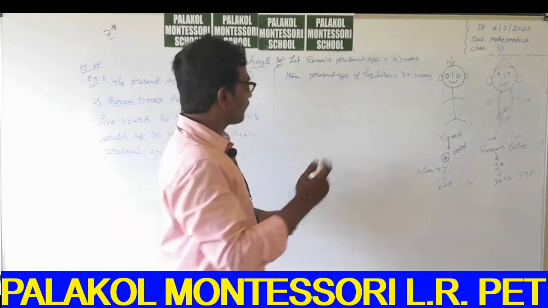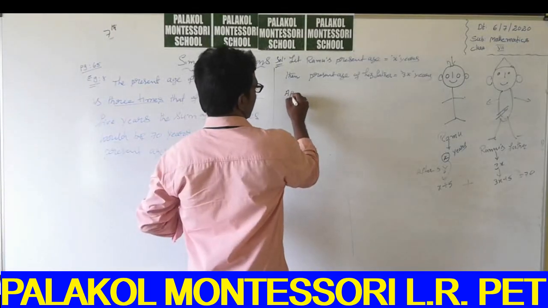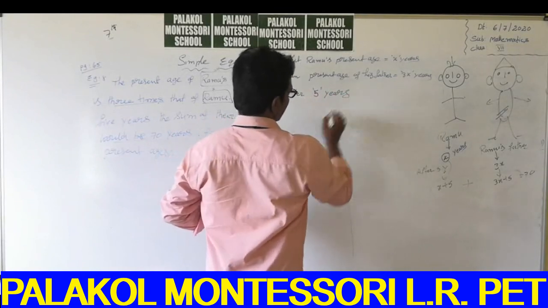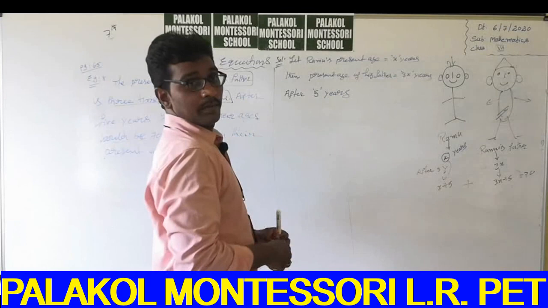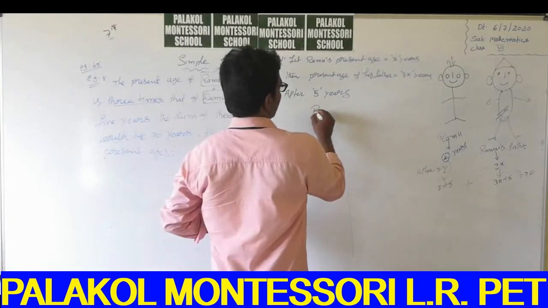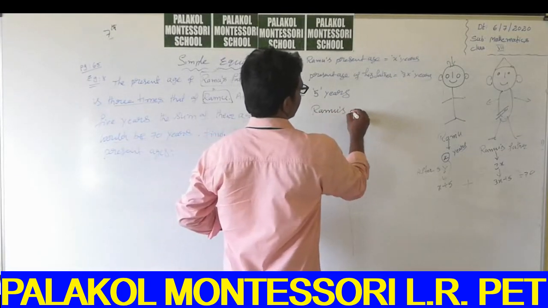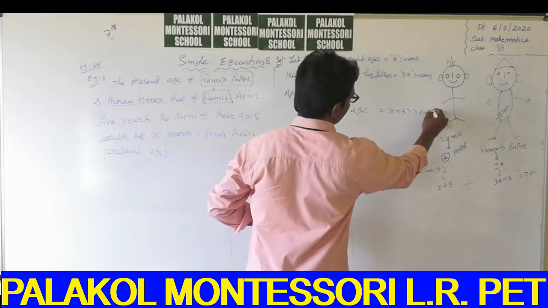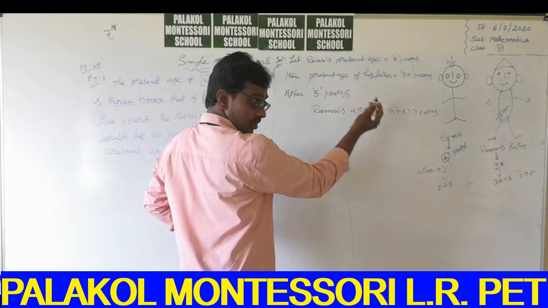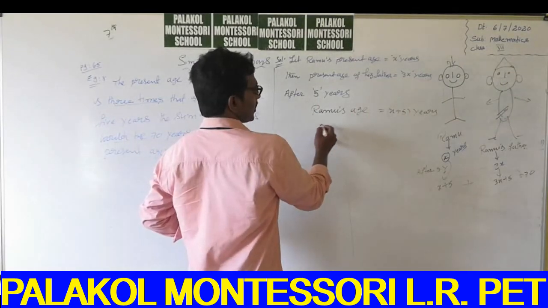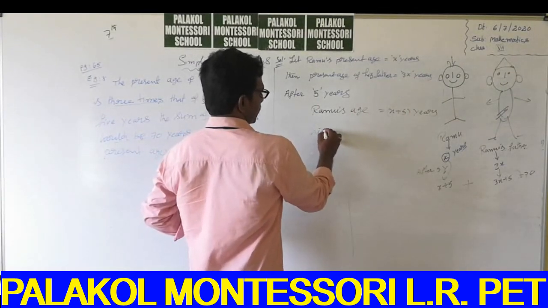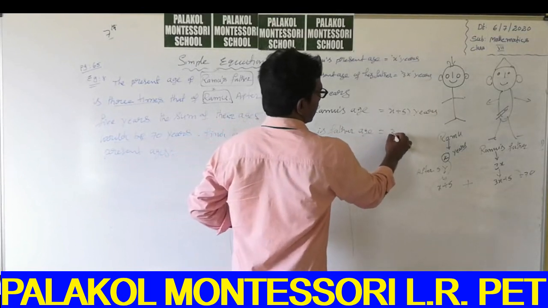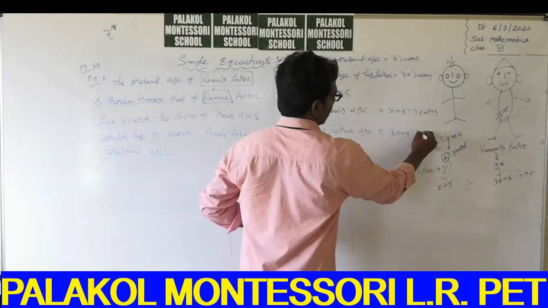After 5 years, Ramu's age is x plus 5 years, and his father's age is 3x plus 5 years.